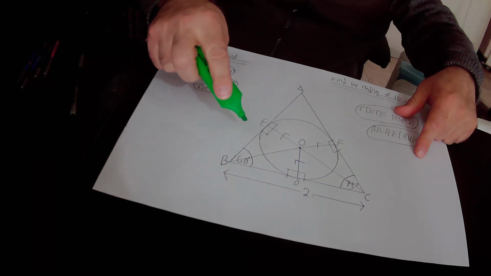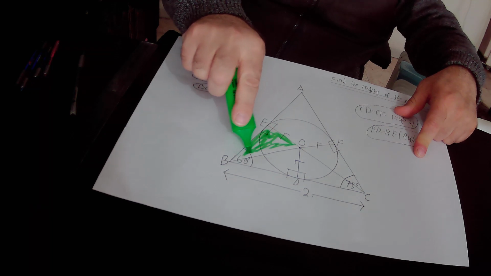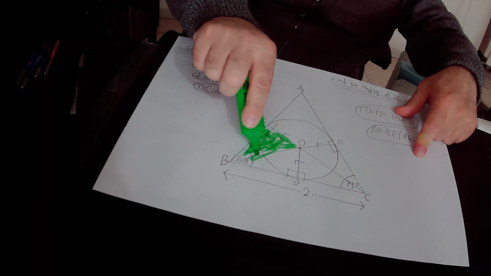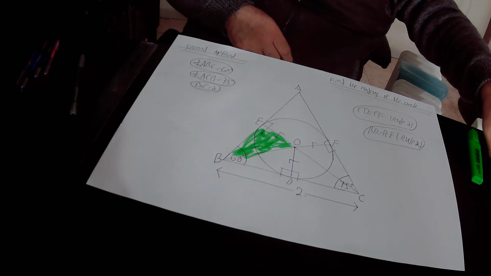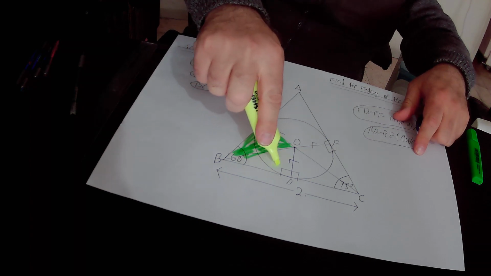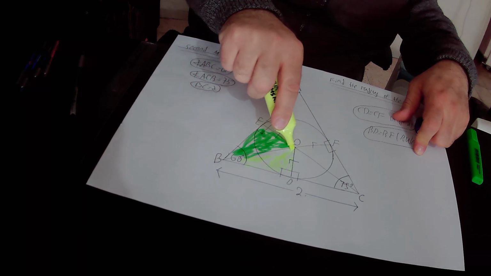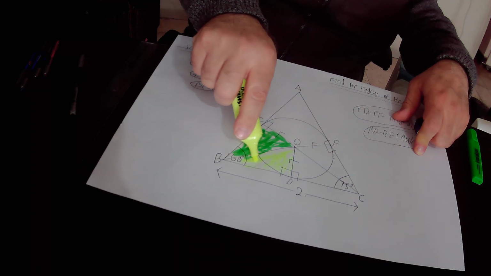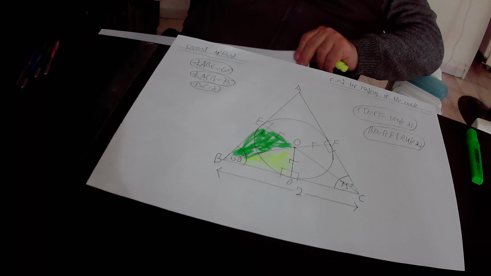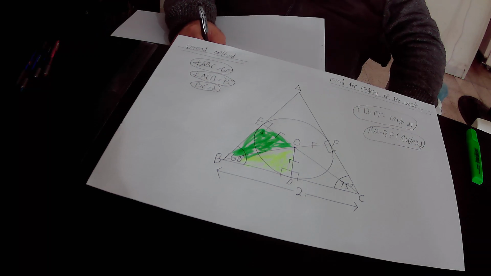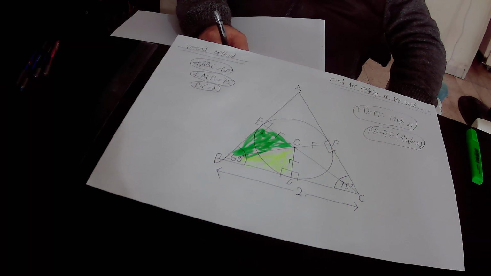That is to say, we'll prove that the green right triangle BEO is congruent to the yellow right triangle ODB. So I write it down.